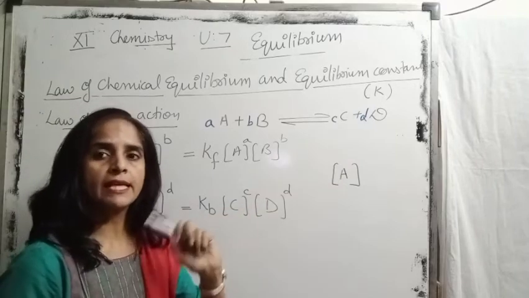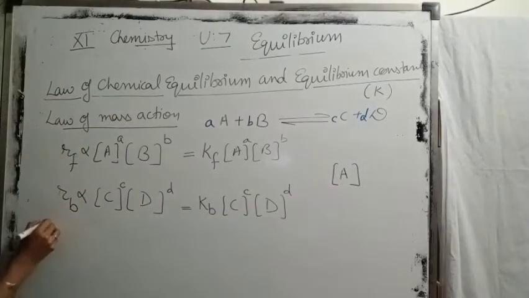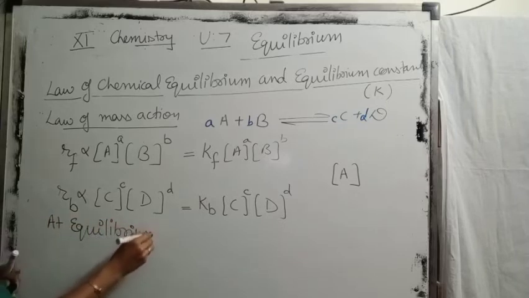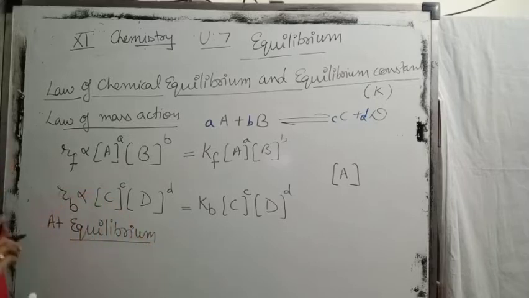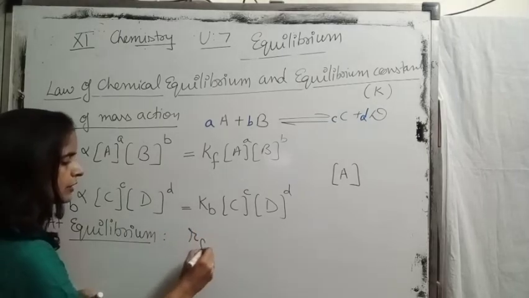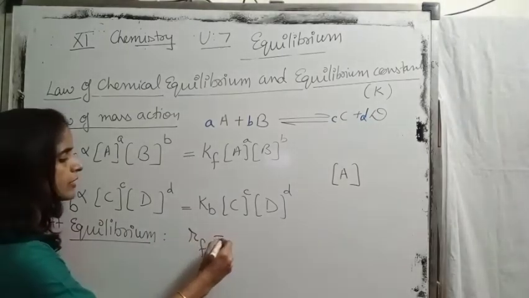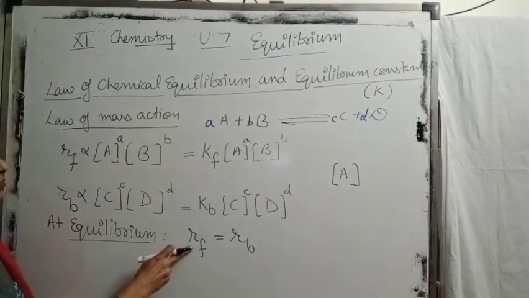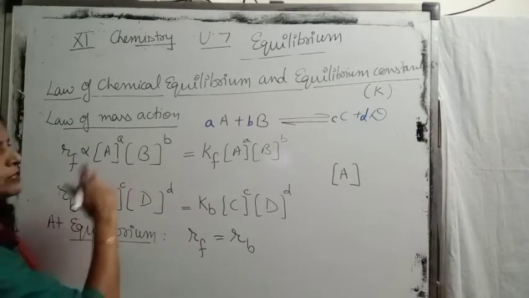Now what happens at equilibrium? At equilibrium, we know that at the equilibrium stage, rate of forward reaction becomes equal to that of backward. So I should write rate of forward becomes equal to rate of backward. Now substitute the values of Rf and Rb from these two equations.